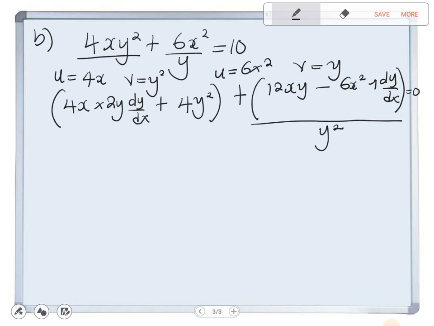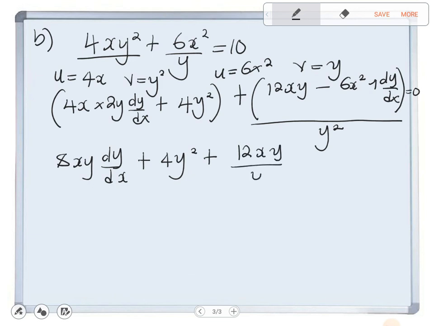Now let's evaluate this. Here we have not 4, but 8xy dy/dx, plus 4y squared, plus 12x over y, minus 6x squared dy/dx over y squared. We can separate the division.